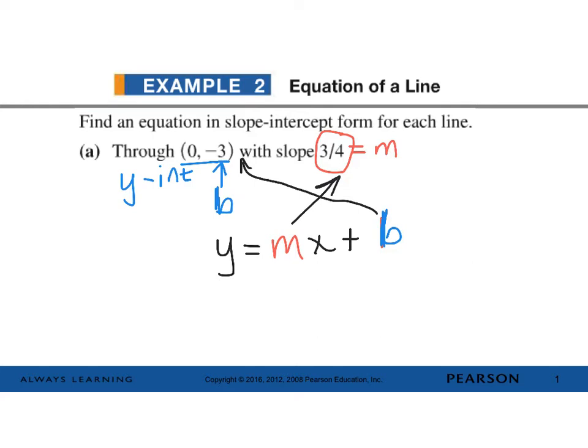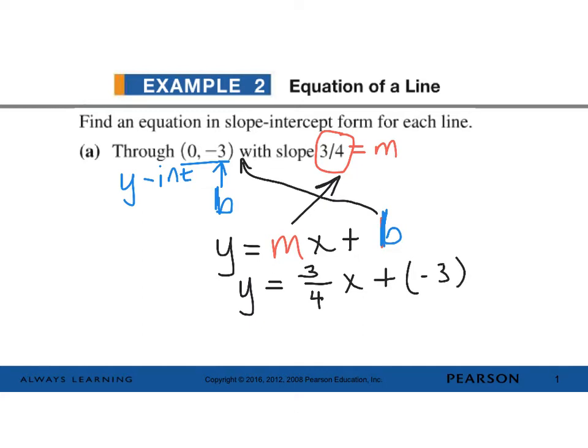So then, when we write this equation, what we're going to write is y equals 3 over 4 times x plus the value of b, which is the y value of the y-intercept, is -3.